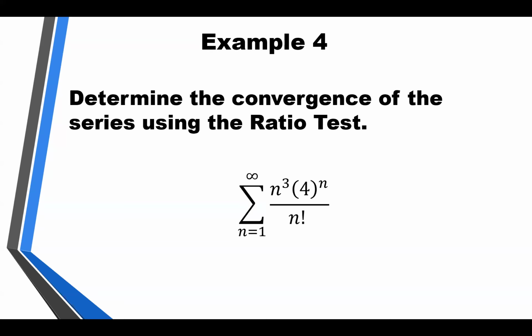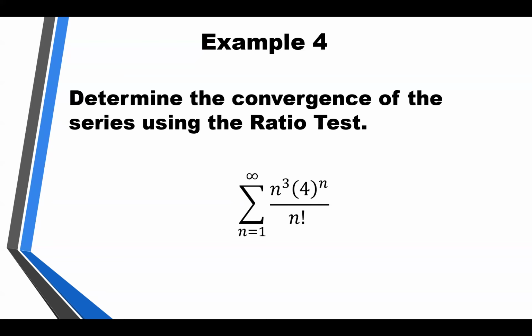We have in example 3, n factorial divided by n to the nth power, and then n to the third times 4 to the nth power divided by n factorial, summed up from 1 to infinity. That's the fourth example. If you want to try both of these on your own, you can.